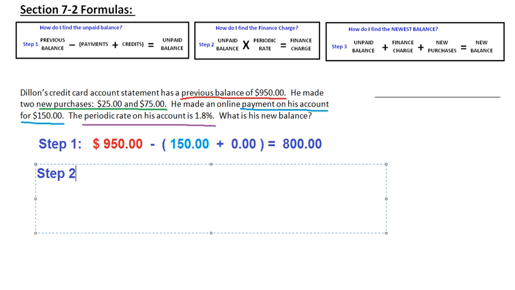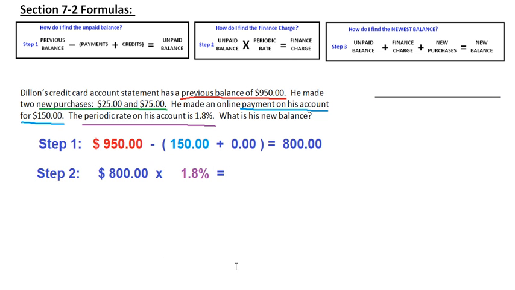In step 2, we're going to take that $800 and we're going to multiply it times 1.8%. Now, let me remind you, in my class, you are supposed to take the decimal and move it over twice.